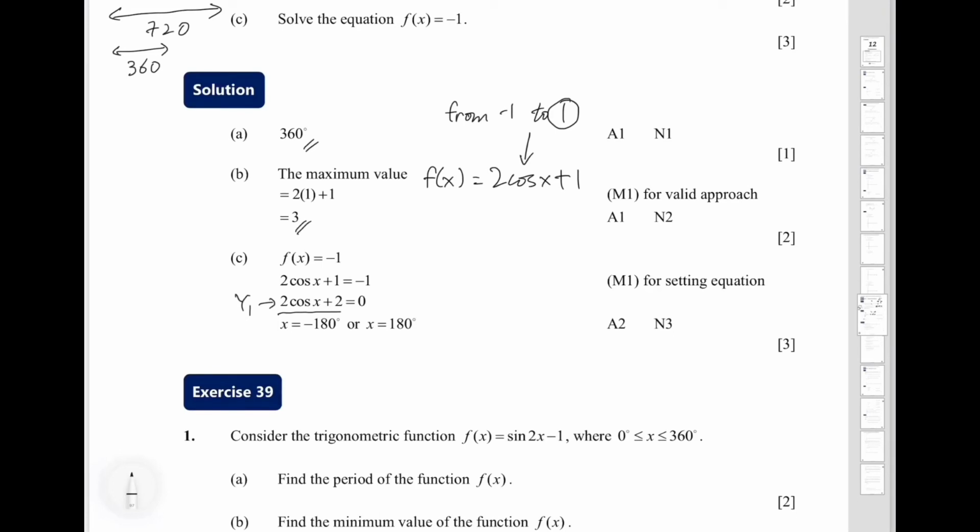Then we can have a look at the setting of the window. For this question, we are still considering the values of x from -360 degrees to positive 360 degrees. That means we don't have to change the x minimum and the x maximum. One of the hints is, as we are going to find the x-intercept only, we can adjust the range of values of y.